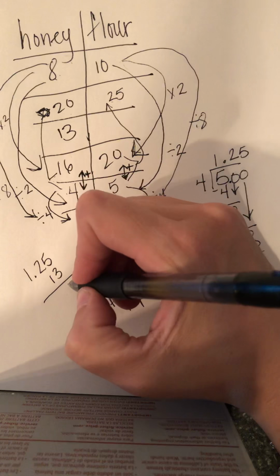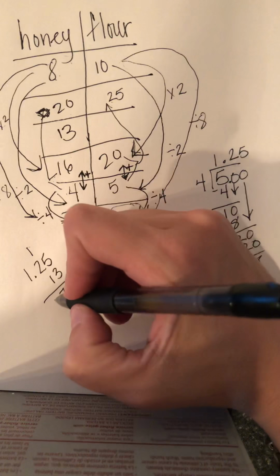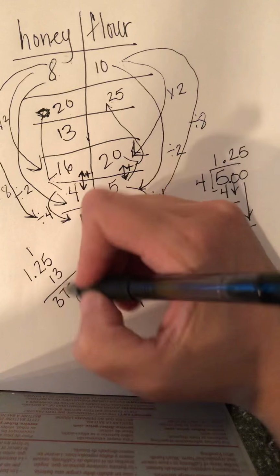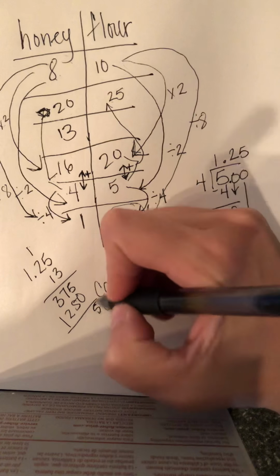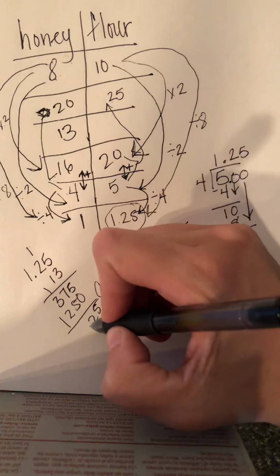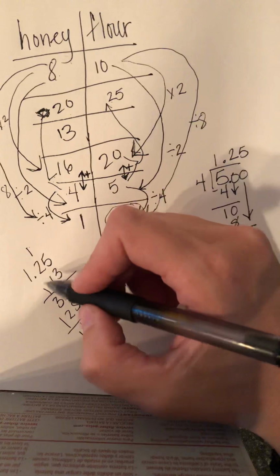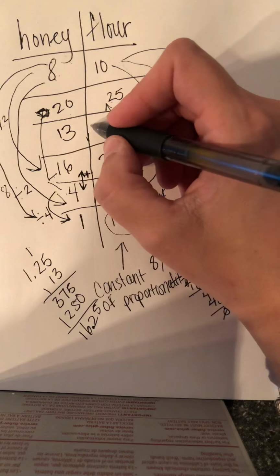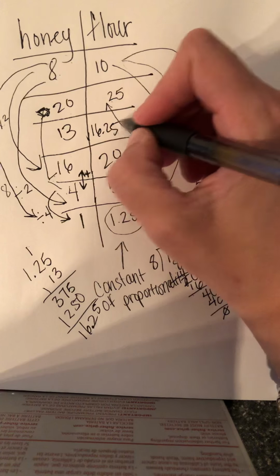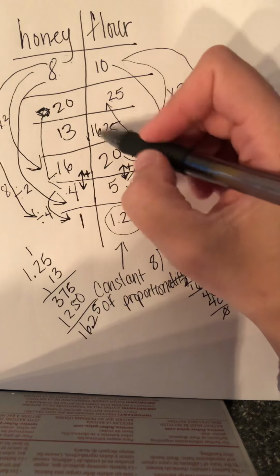So I will do that very quickly, but not so quickly that I make a mistake. And then I come in 2 decimal places. 16.25. That's the number that belongs here.